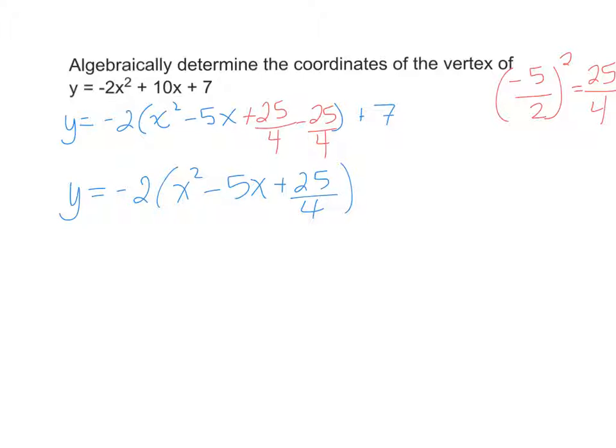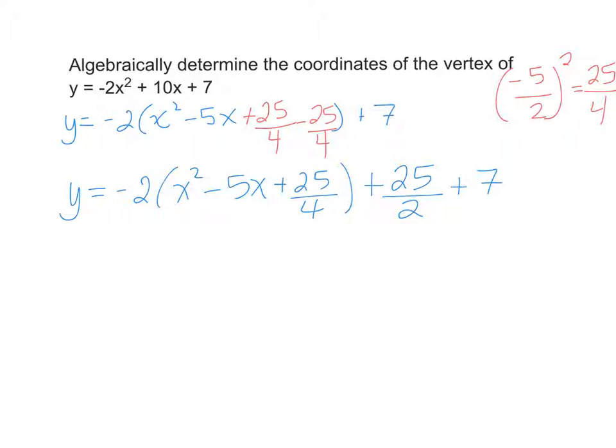The negative 25 over 4 comes out, but don't forget it has to multiply by the negative 2 that's in front. So this is going to become plus 25 over 2 plus 7. That's 12.5, right?